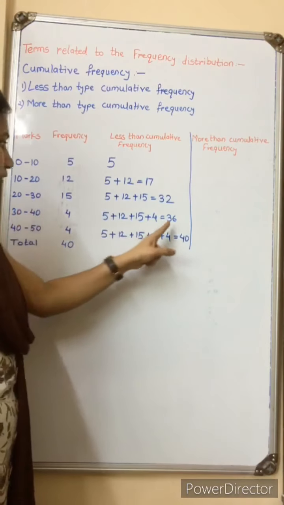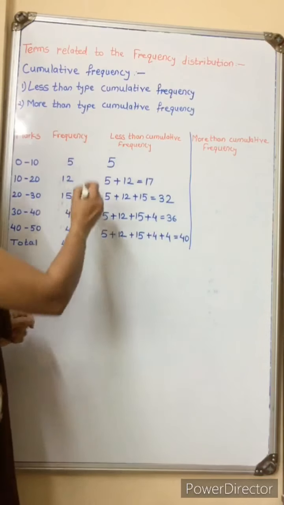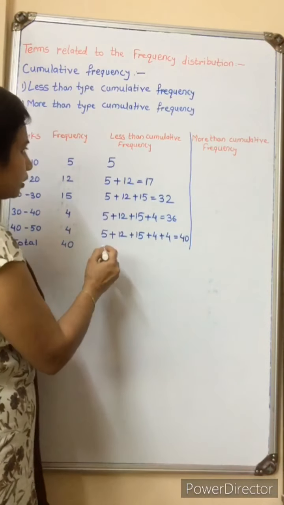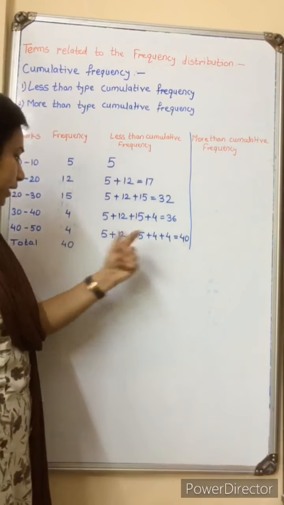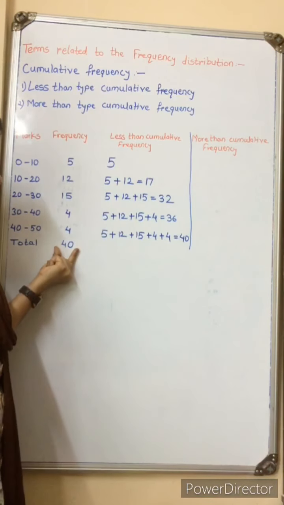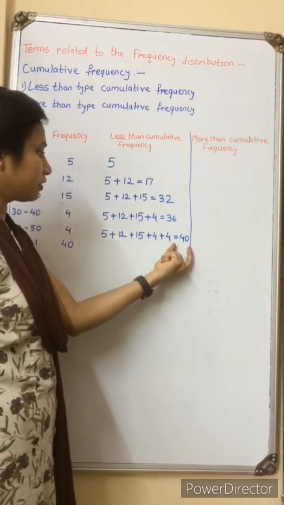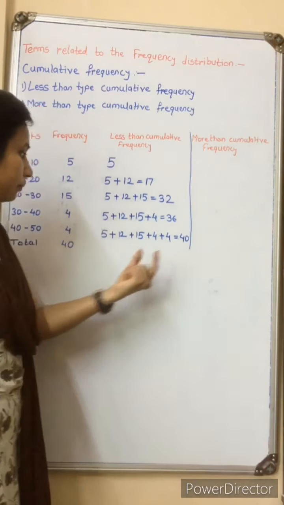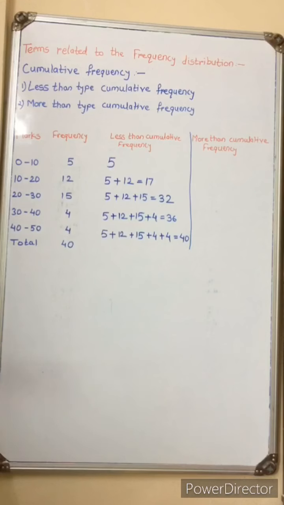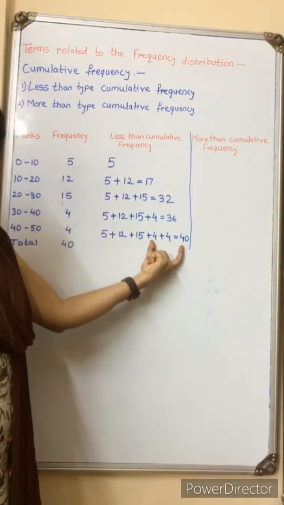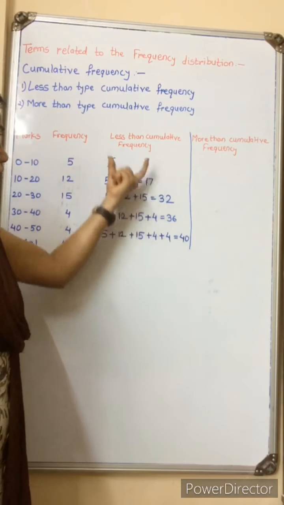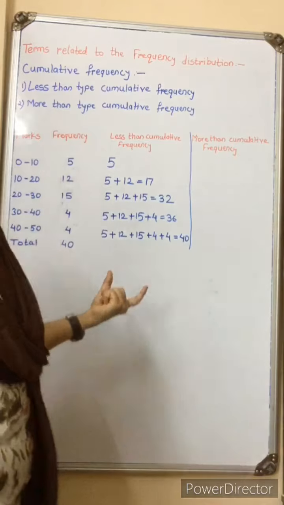Up to 40, it is 36. If you observe, at last you get the same total, the total frequency 40. The number of observations is the same in the highest class. So here is the less than cumulative frequency.